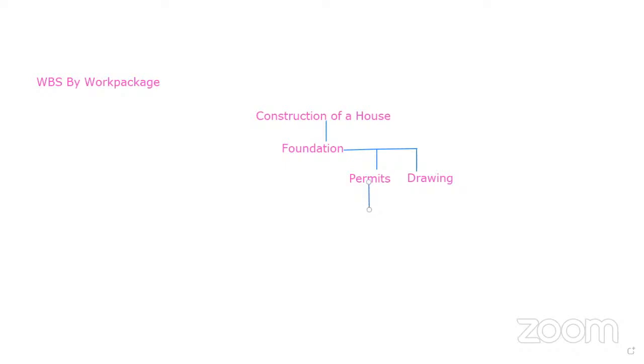So let's say activity number 1 is write to the development agency. That's 1. Pay the required dues.